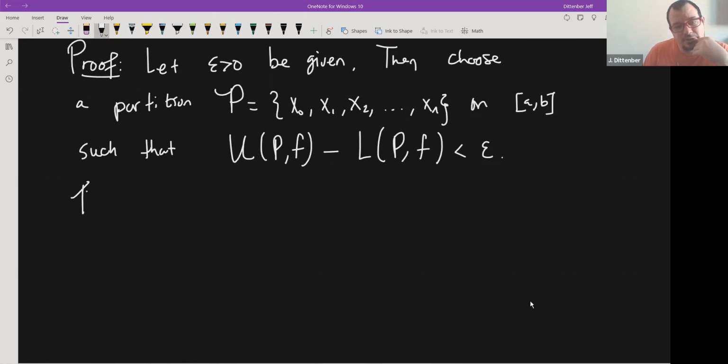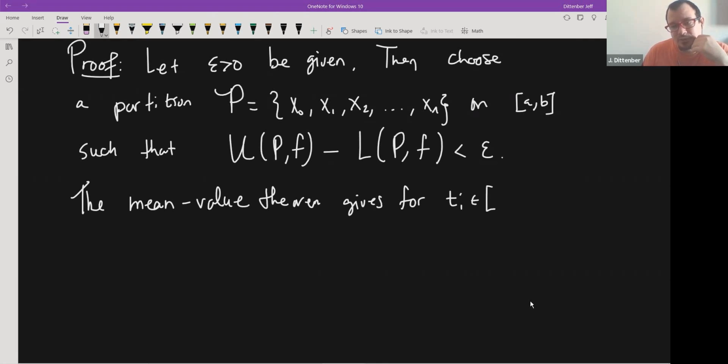We're going to say this. The mean value theorem gives, for some t_i in the interval from x sub i minus 1 to x sub i, which is in a to b, between a and b, and then t_i is in there. So what does it give? Let me see if I can write this correctly.